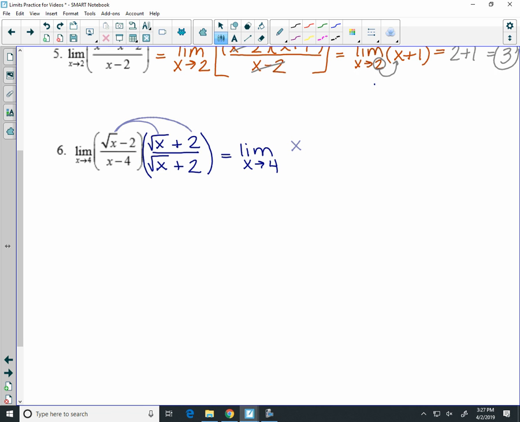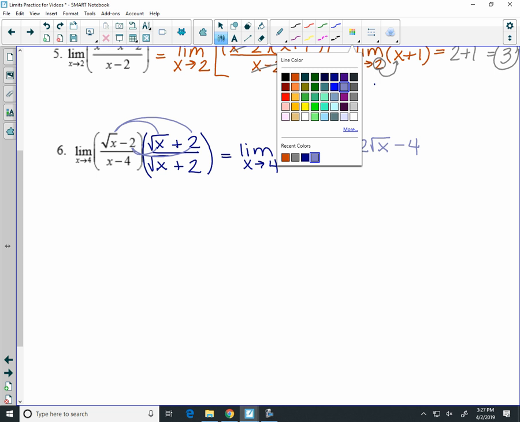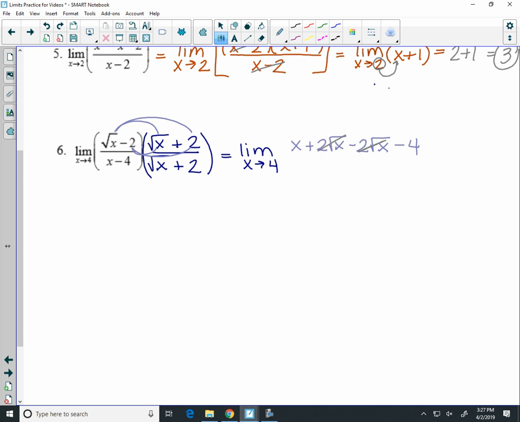I know my middle terms are going to cancel, but I'm going to go ahead and write them out for you. 2 times radical x is positive 2 radical x. And negative 2 radical x. And then I have negative 2 times 2 is negative 4. So there my middle terms are going to cancel. So my numerator is just going to be x minus 4.